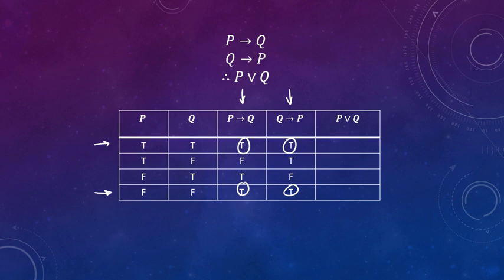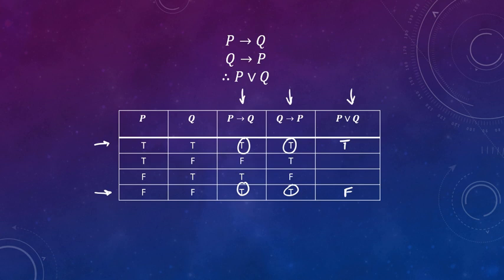For each of these 2 critical rows, let's find the value for our conclusion, P or Q. The disjunction of a true and a true is true, and the disjunction of a false and a false is going to be false.